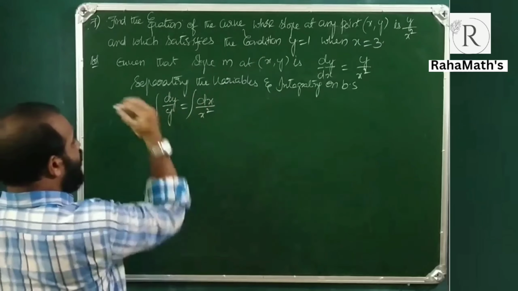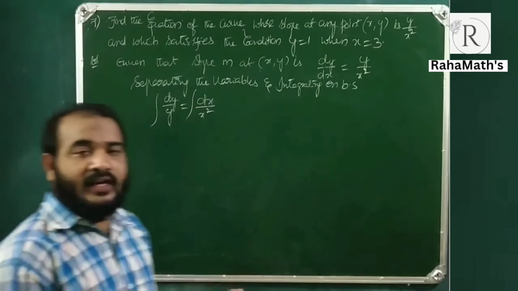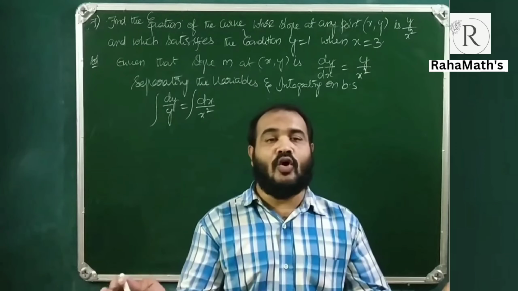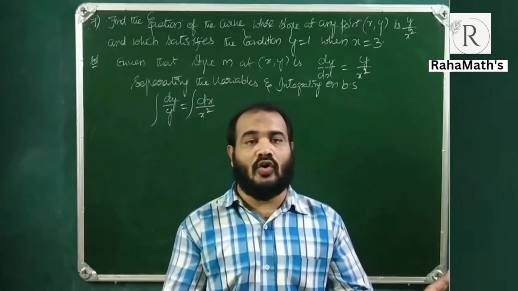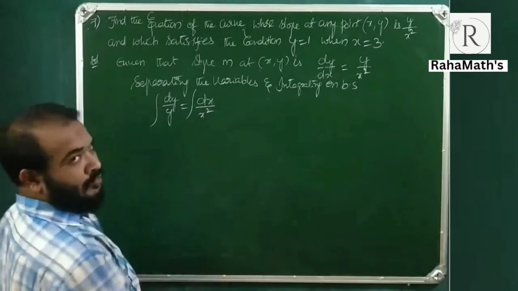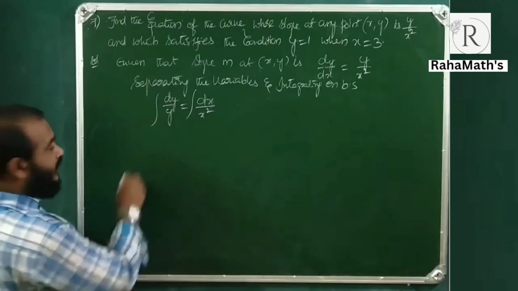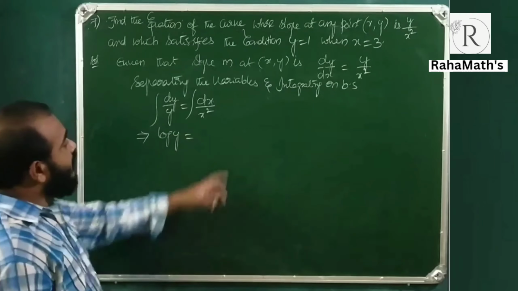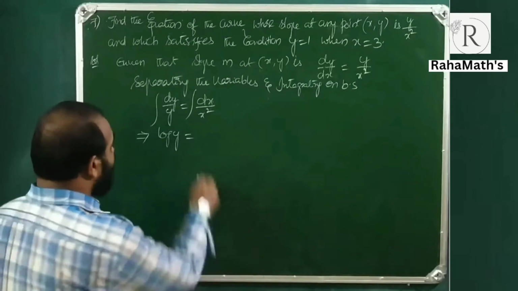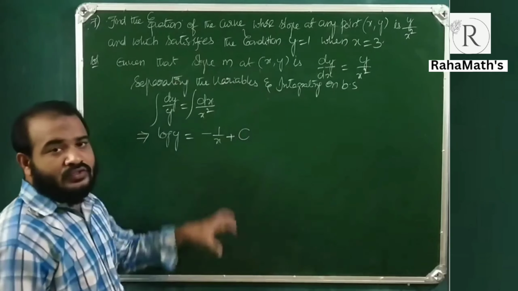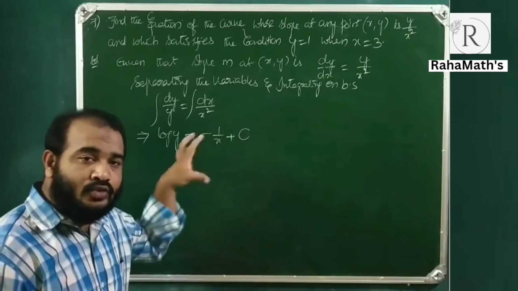Now integrating on both sides. So here we are succeeded in separating the variables on either of the sides of equal to symbol. So integral 1 by y dy is log y is equals to integral 1 by x square dx is minus 1 by x plus constant of integration c. So this is the required general solution.